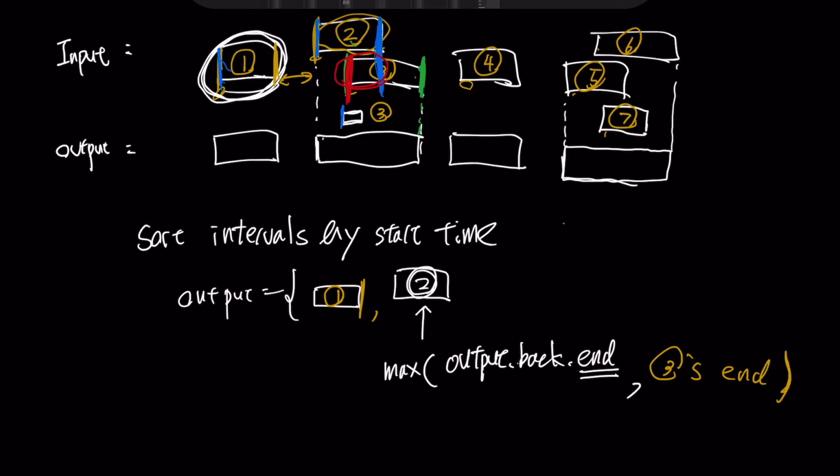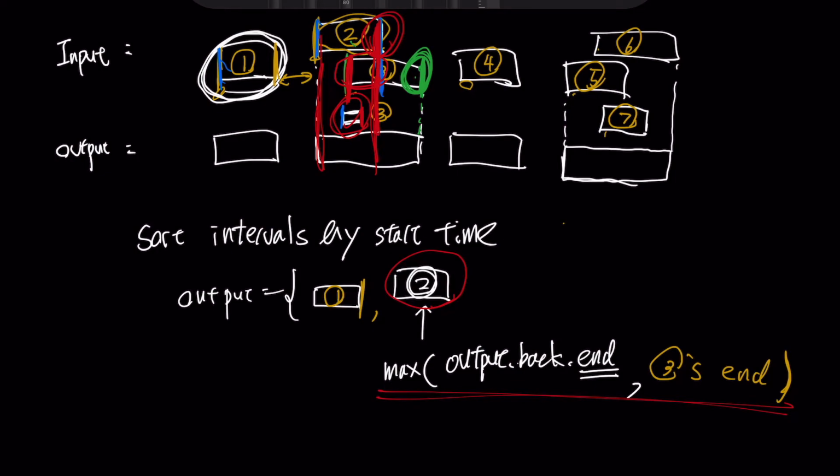So I'm going to check this guy, and what's interesting is if we look at 2's end and 3's end, 2's end is larger, so we shouldn't update this 2's end to 3's end because it's going to be smaller. We want to capture the larger end time if 3 is small. That's why we have to use a max function.